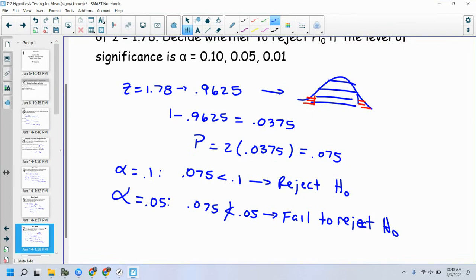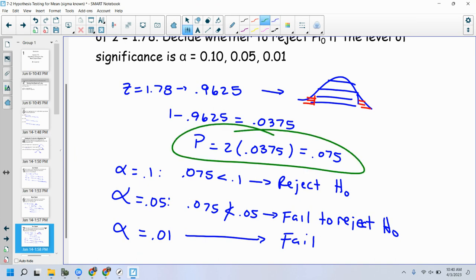And if I fail to reject it at the 0.05 level, what's going to happen at the 0.01 level? I have to fail to reject as well, right? So at the 0.01 level, same thing. Does that make sense? And it's got that 2-to-1 relationship. Can't forget about that 2-to-1 relationship. That's where sometimes a lot of people go haywire.